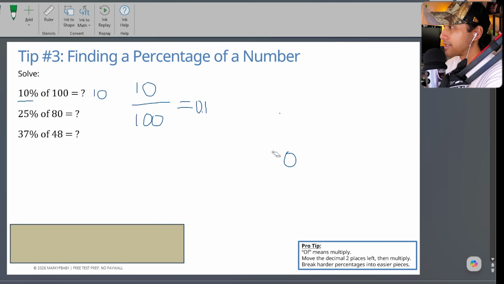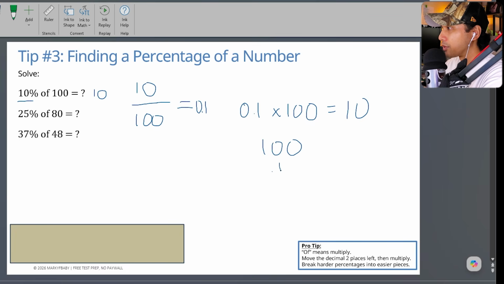And then let's take it a step further. We go 0.1 times 100. One could just argue and say, well, that's super easy, 10. But what's really happening is this, 100 times 0.10. We could have written it the easy way, but just for you to understand, it's 0, 0, 0, and then add this 0 here.